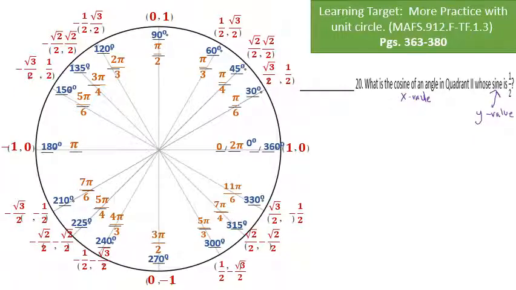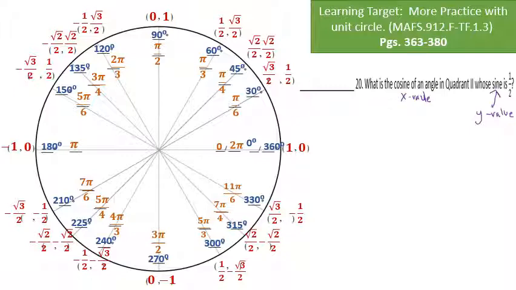Mr. Weber, you're so good at writing with a mouse. I know, it takes years of experience. One day, you too could be this good. All right, so reread it with those words replaced, and it's going to make a lot more sense. What is the x value of an angle in quadrant 2 whose y value is 1/2?